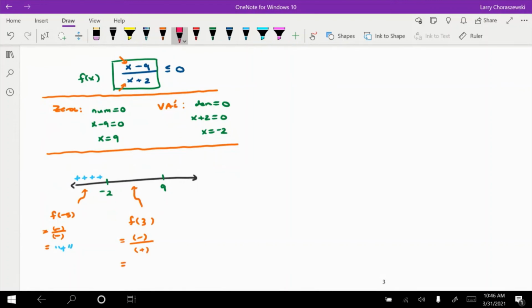And the end result of all that is negative. Oops. I'm going to plug 10 into our function next. That'll give us positive 1 on top, and on bottom give us positive 12, and the end result of a positive divided by a positive is a positive.